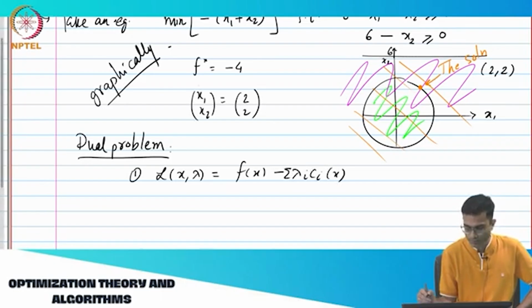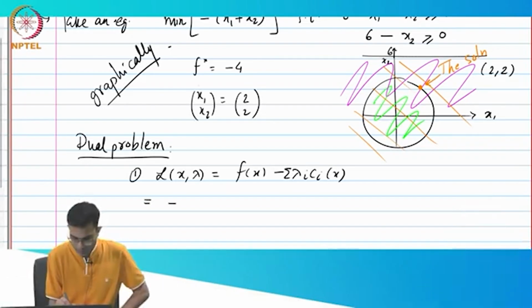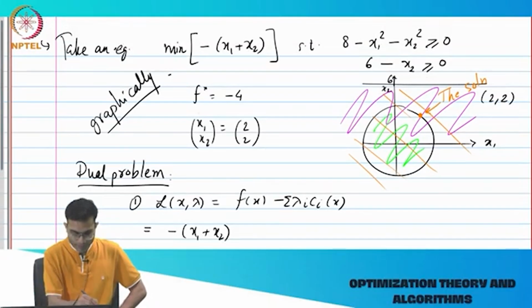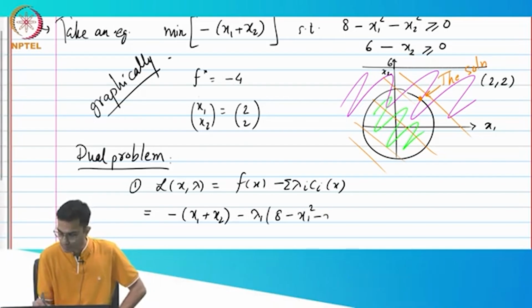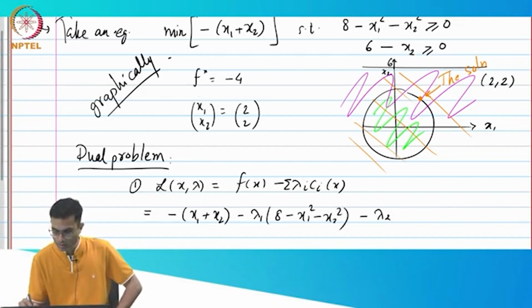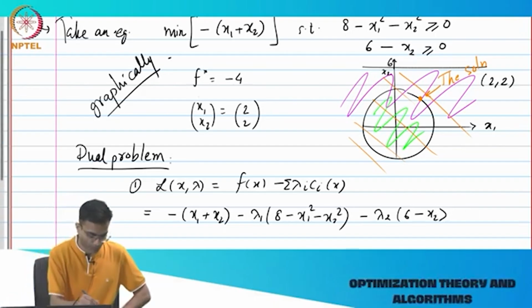Okay, so this becomes a little bit longer to write. So minus x1 plus x2, that's my f. Okay, and then I have my constraints. So c1 and c2 are there, so I get minus lambda 1 times (8 minus x1 squared minus x2 squared) and minus lambda 2 times (6 minus x2). This is my Lagrangian.